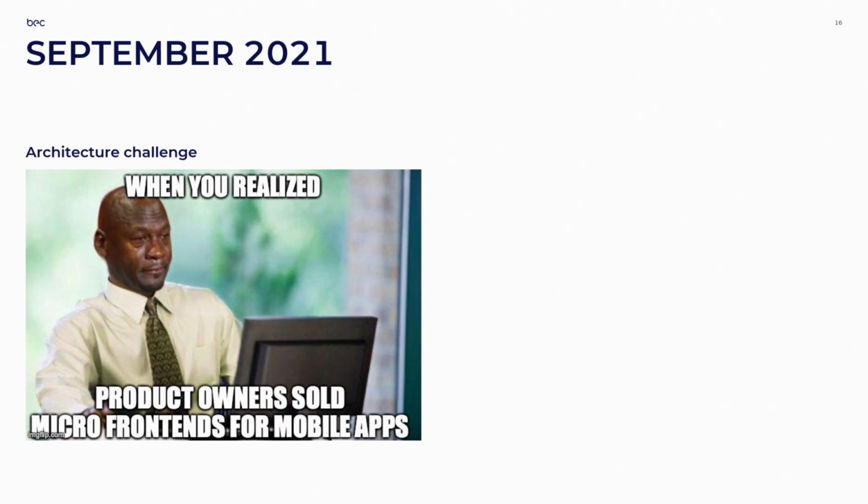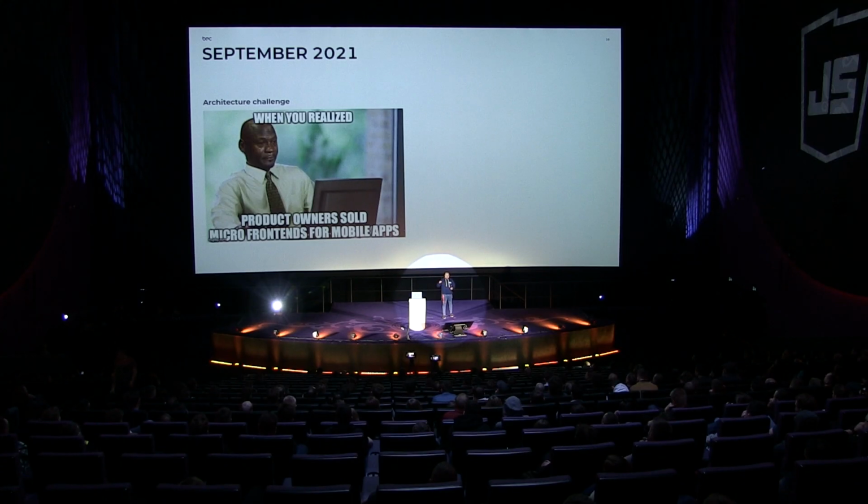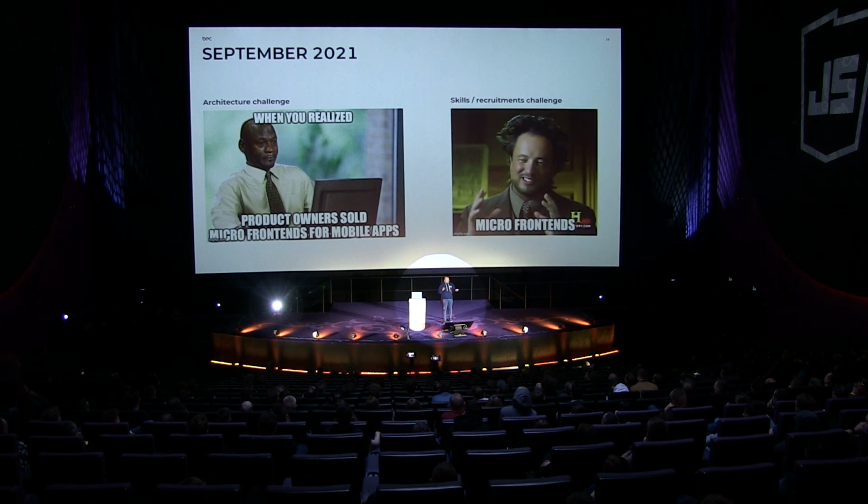But yeah, customers wanted it, so let's try it out. The second biggest challenge we faced was how we would find people who combine those two approaches and have experience with that, who have knowledge about it, who can also teach others, and who can develop this solution.